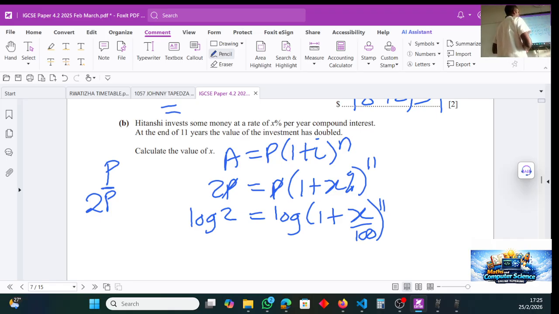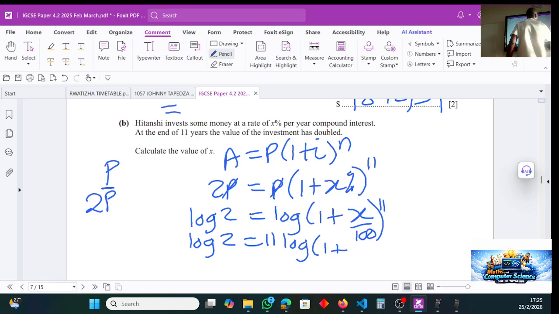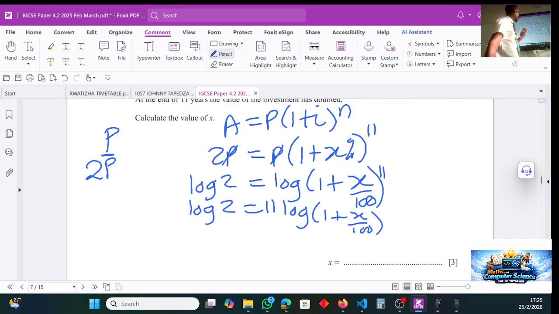So let's check. I can drop down the 11 so that I'll end up having log 2 equal to 11 log of 1 plus x over 100. We proceed with my calculation. I'm allowed to divide both sides by 11, and the 11s will cancel.